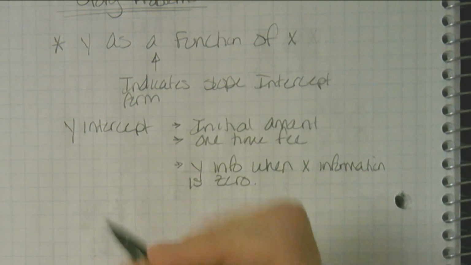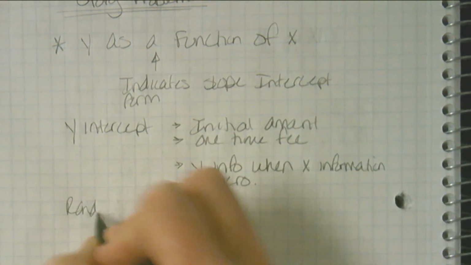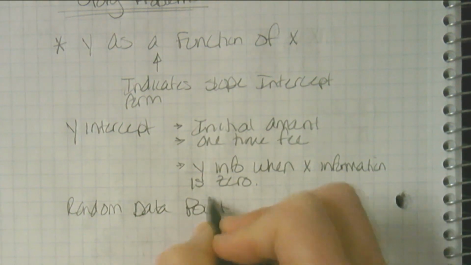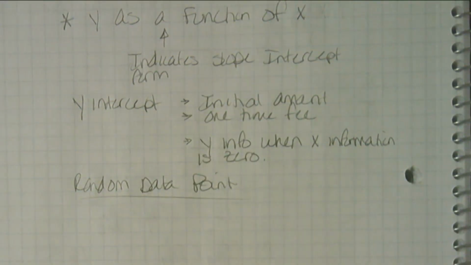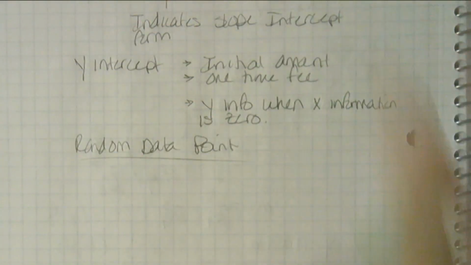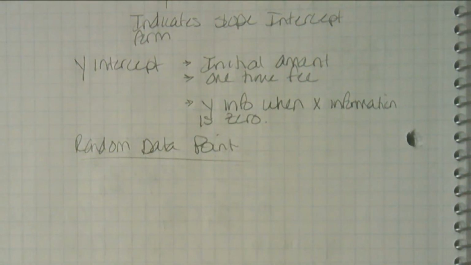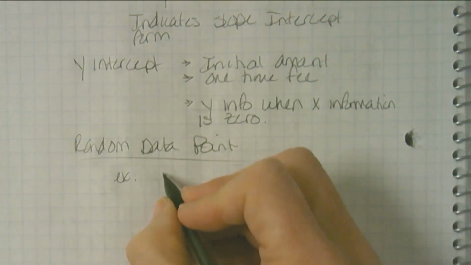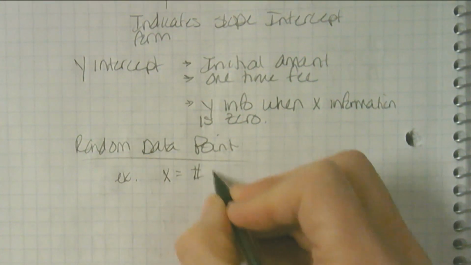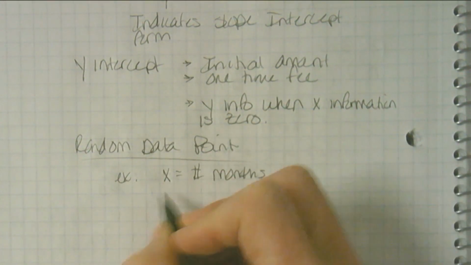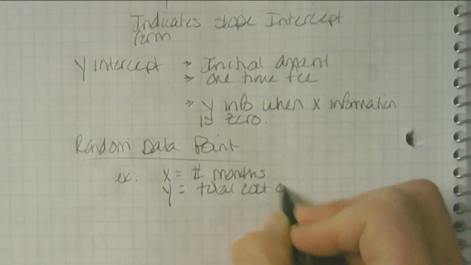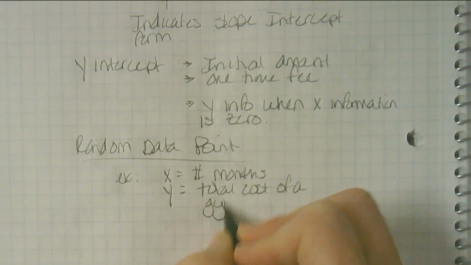All right, a random data point is something that could be given. The best way I can do this is just by an example. So let's say that x is my number of months and y is equal to the total cost of a gym membership.